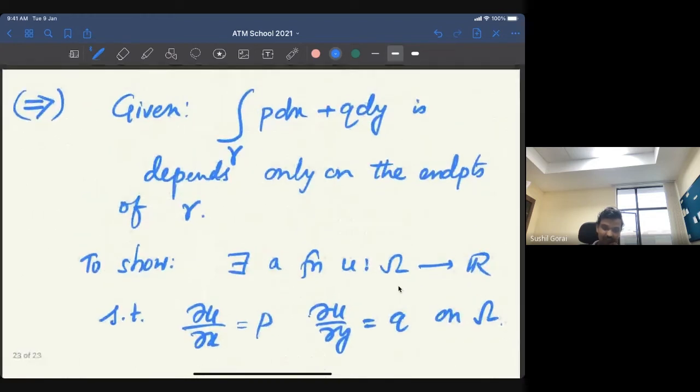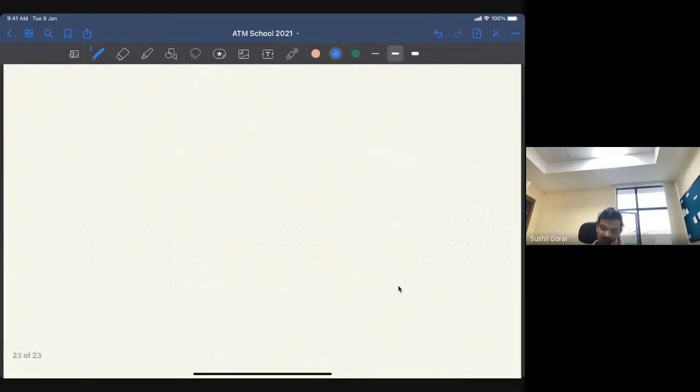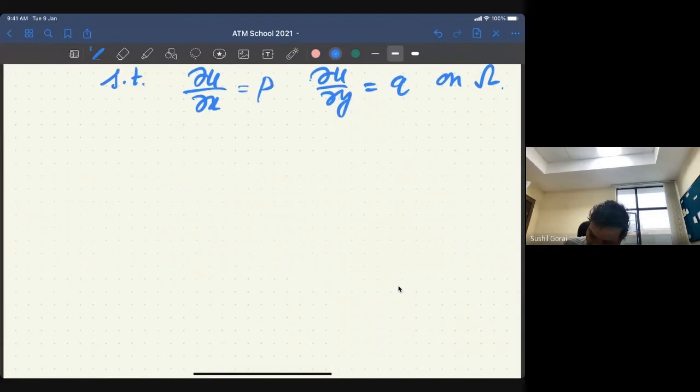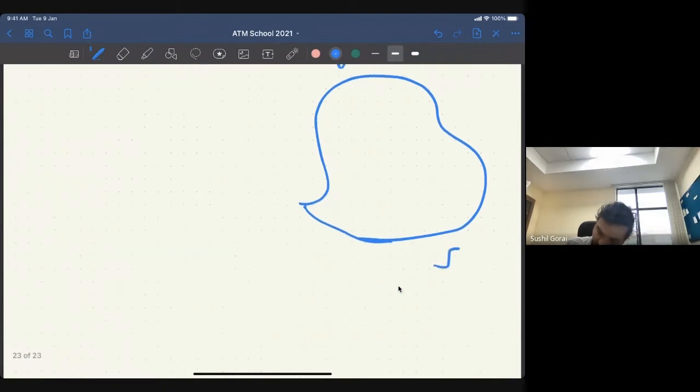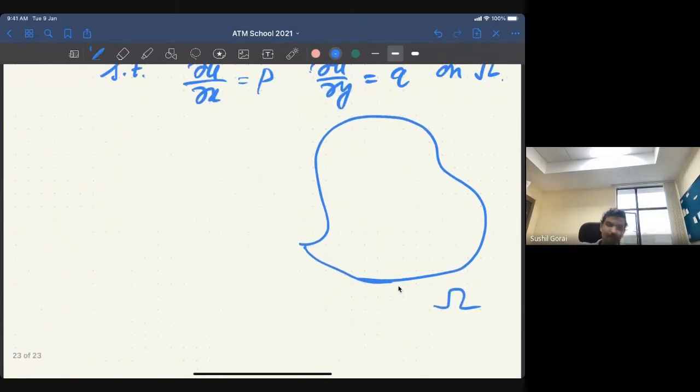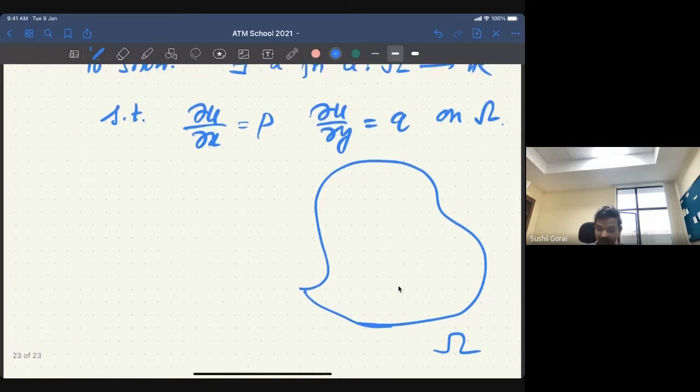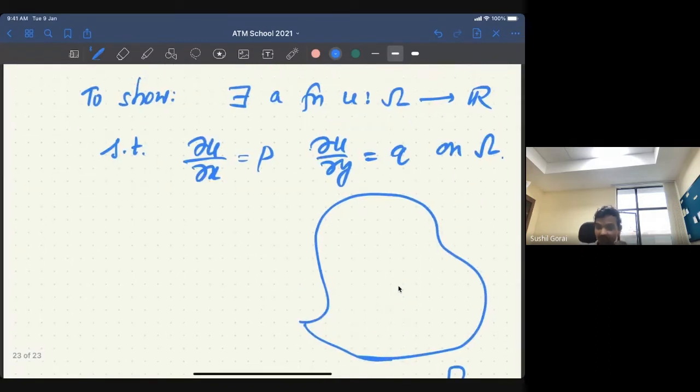That is given. So you have a certain omega, and the question is, what would be the function u? A candidate.